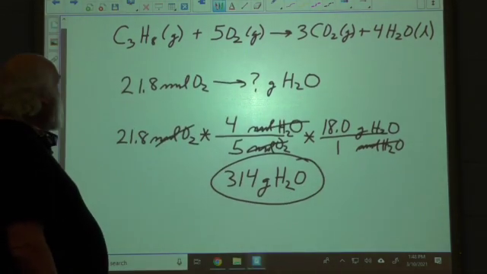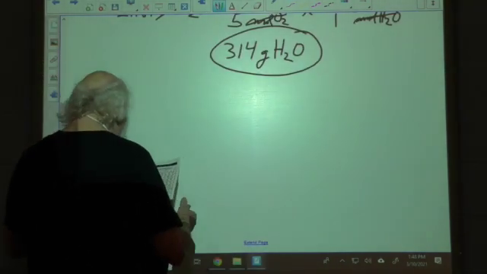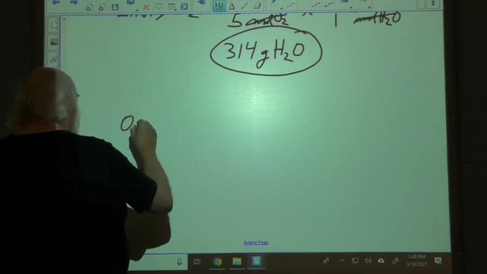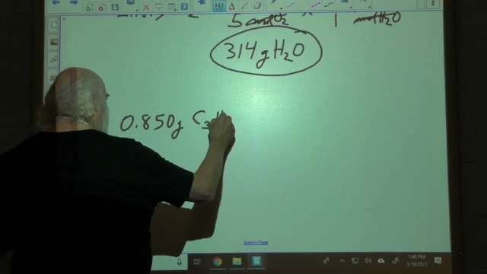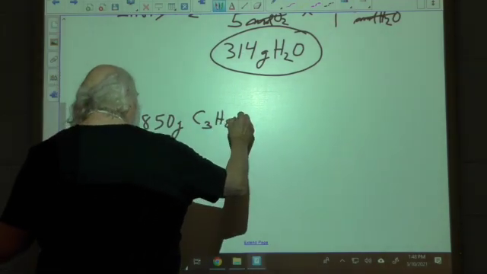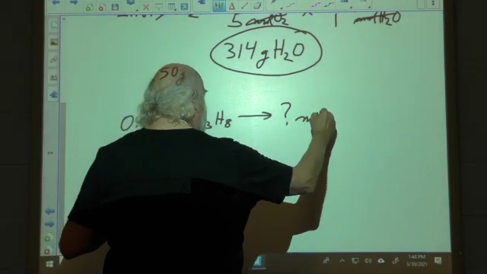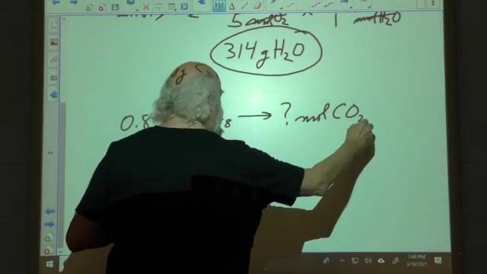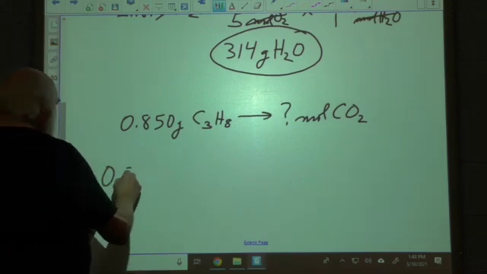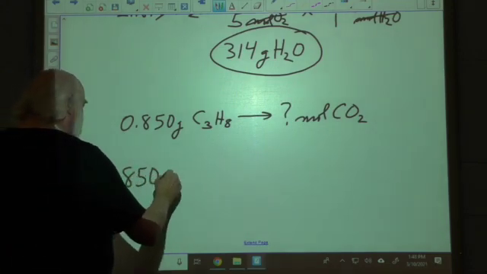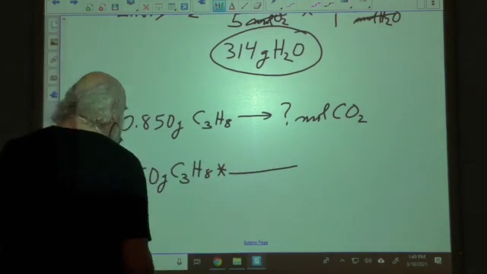Okay, let's do one more problem with that, and I think we're ready to rock and roll. We have 0.850 grams of propane. And I want to know how many moles of carbon dioxide are going to be created from that. So we start with 0.850 grams of propane times fraction line.